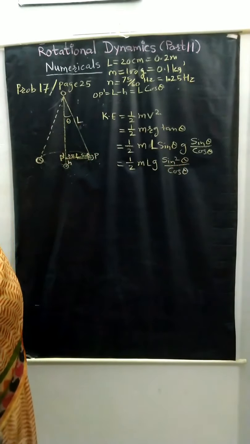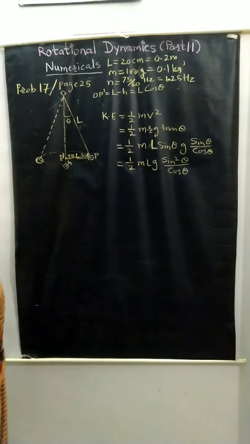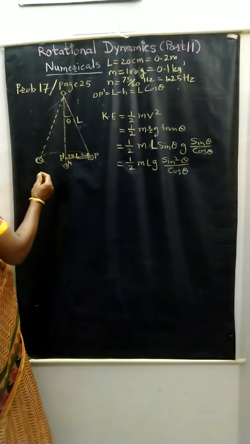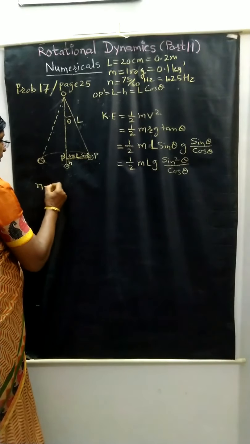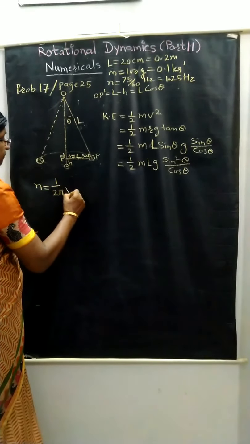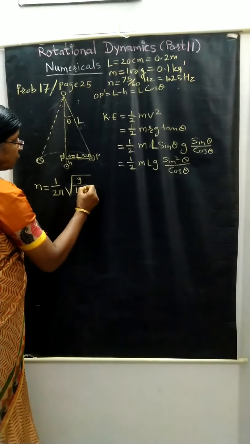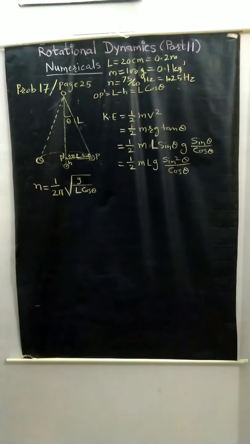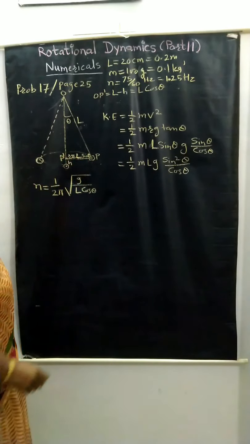Now let us calculate the value of cos theta. For that, we have to use the equation for frequency n of the pendulum. It is equal to 1 upon 2 pi under root g upon L cos theta. This is the equation for frequency of the bob of the conical pendulum.